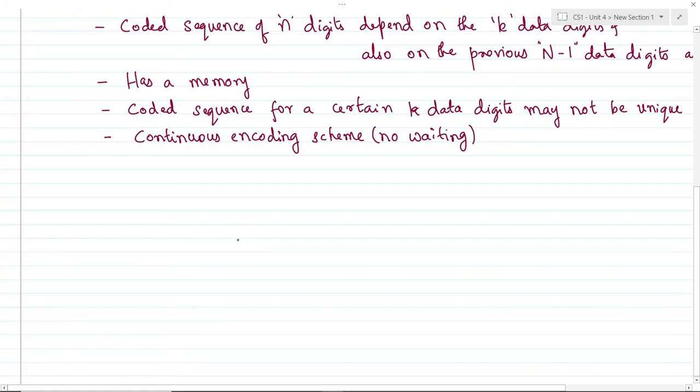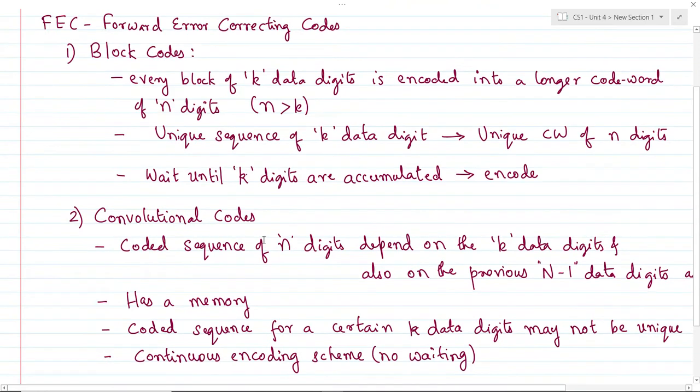All right, so with these two classes of forward error correcting codes, in the Communication Systems 1 course in this semester we will be sticking to block codes, and in the next part of this course, Communication Systems 2, we will be dealing with convolutional codes.